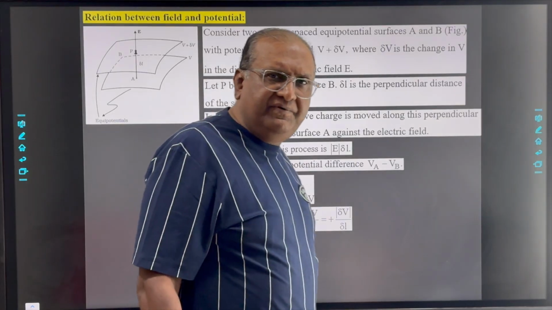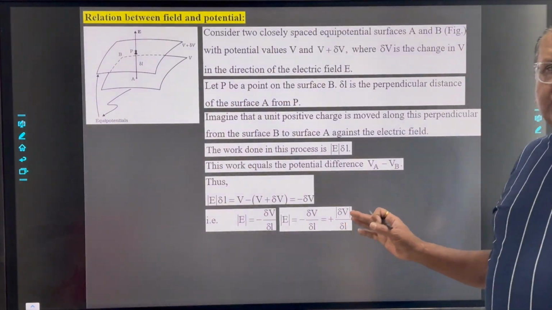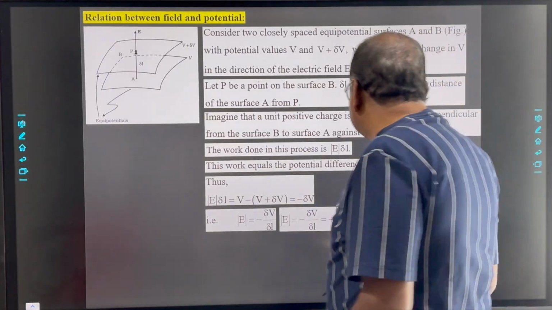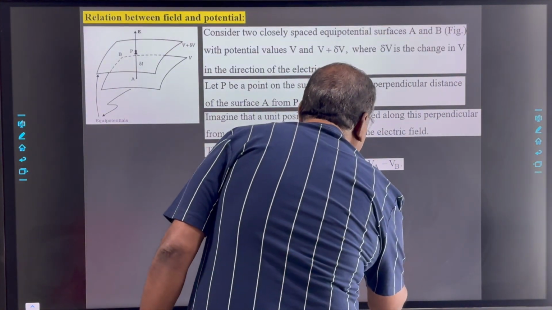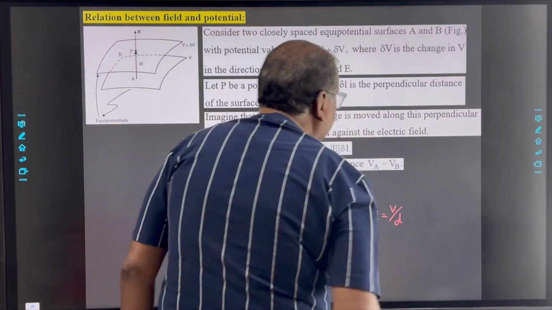If the electric field is uniform, then simply you can write the relationship E equal to V by d.